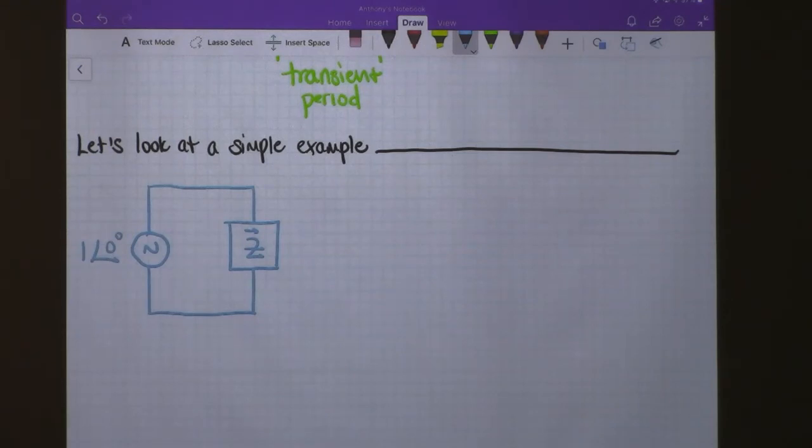It has a 1 volt magnitude. It's going to be assigned as the reference, so it has a 0 phase shift. Okay, this is the reference voltage. And then over here, I have an impedance, which I'm going to define as 2 with an angle of 90 degrees. This is a polar representation.